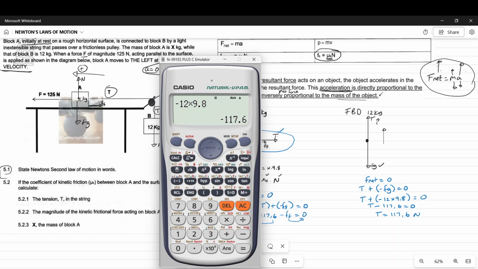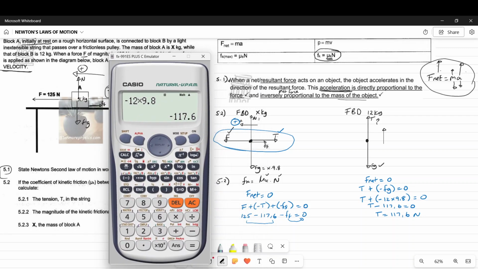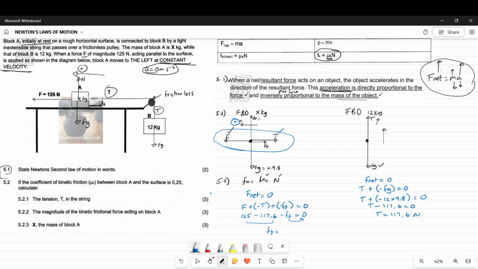Now what do we get? You can shift this on the side. Now we have 125 minus 117,6, and we get a final answer for friction, which is 7,4. So now frictional force is 7,4 newtons, just like that. And that is how we should have answered our questions.